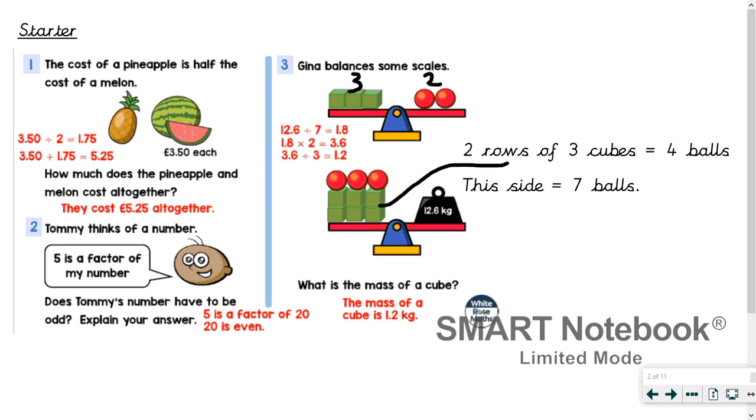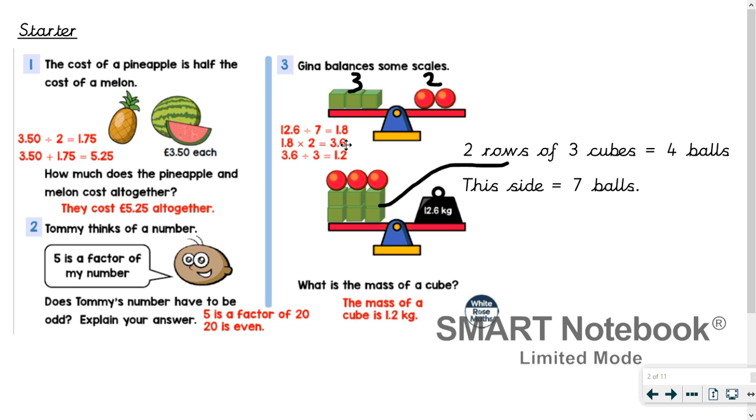They weigh the same. So if we change them to 4 red balls, that means we now have 7 red balls on this side. Now, because they're then all the same object, we can use that to help us with this 12.6. So if we've got 7 red balls, we do 12.6 divided by 7, split it in 7 equal parts because all the balls are going to be the same weight.